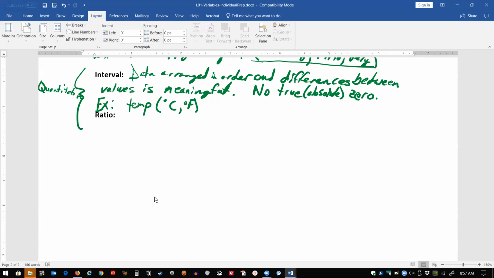What are some other examples? Well, we have time, as in, say, the year, right? So what year is it? 2019, 2020. Is there a 0 year? The years that we typically measure from are AD, after Christ, or I don't even remember exactly what it stands for.